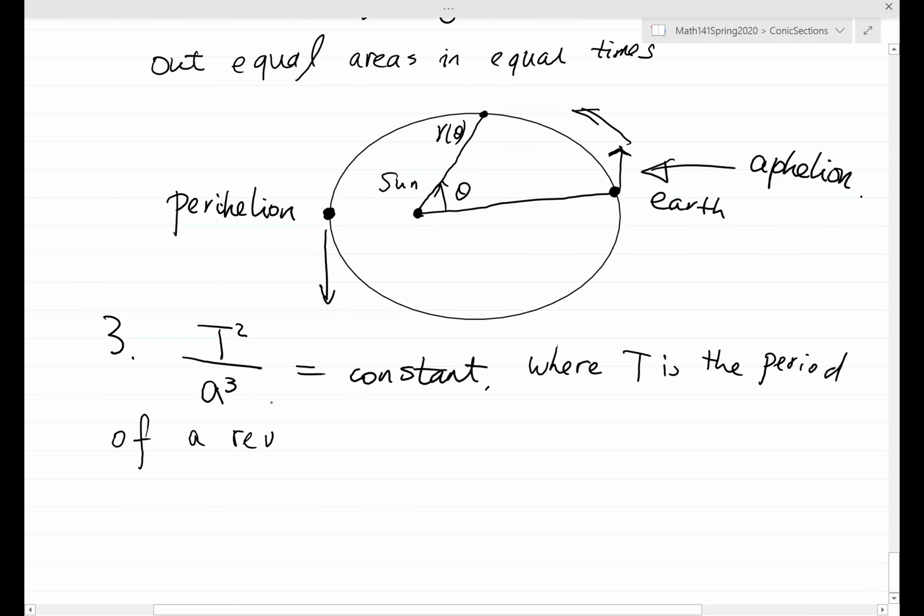Now for the Earth, what is T? The Earth travels around the sun one time. How long does it take? That is the definition of a year: the time that the Earth travels around the sun once.